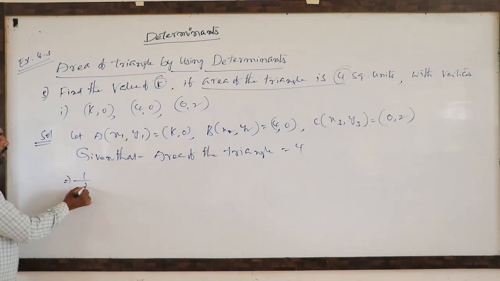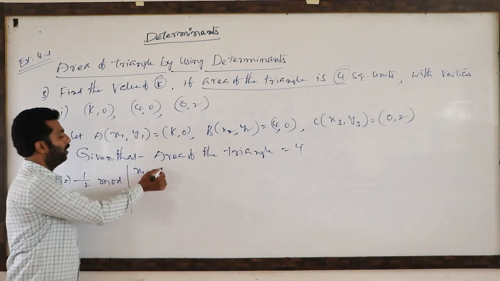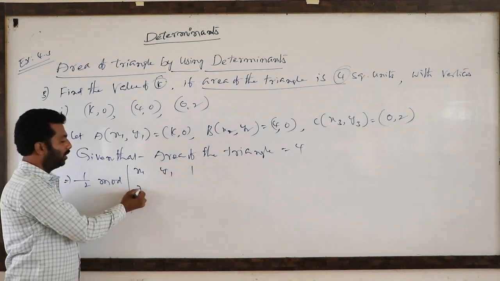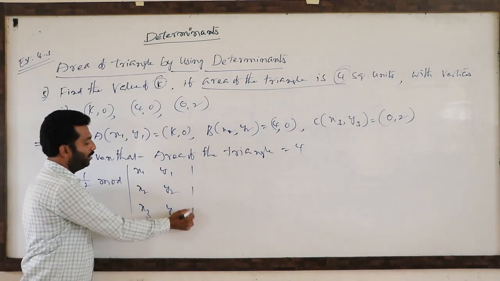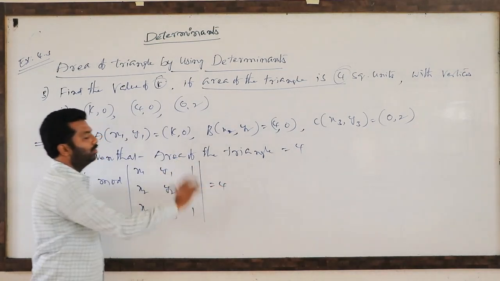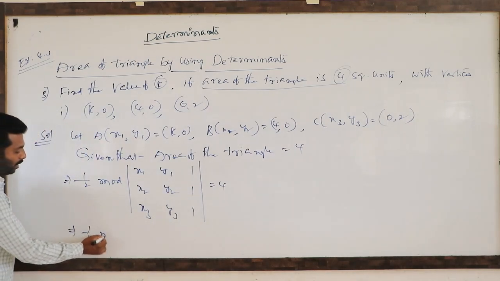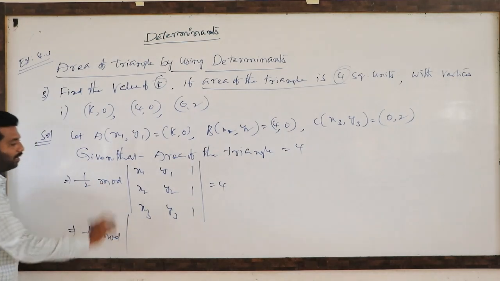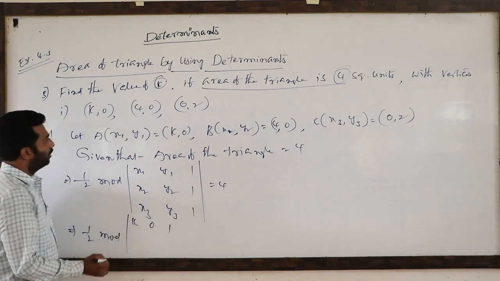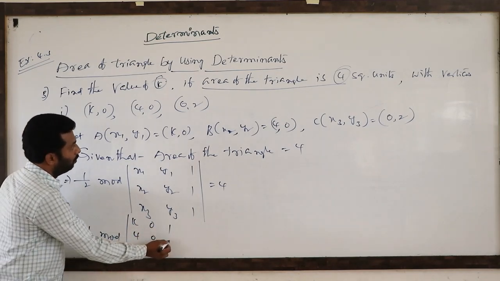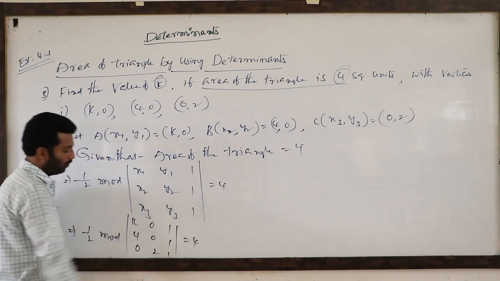What is the area of the triangle? Half into the modulus of, tell me the formula, x1 y1 1, x2 y2 1, x3 y3 1, equals 4 square units, as given. So from this, half into the modulus of k 0 1, 4 0 1, 0 2 1 equals 4.